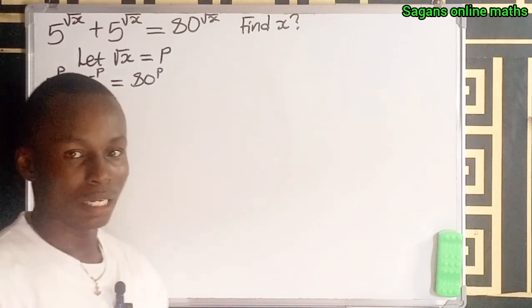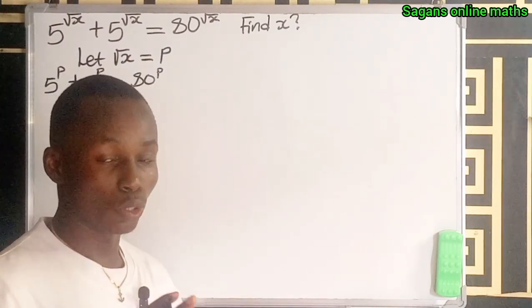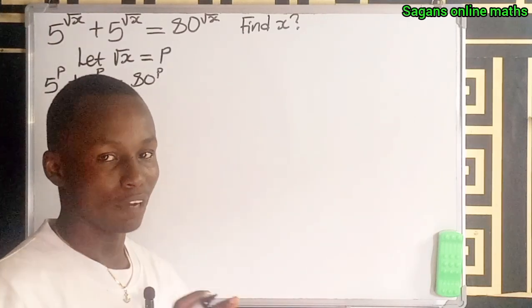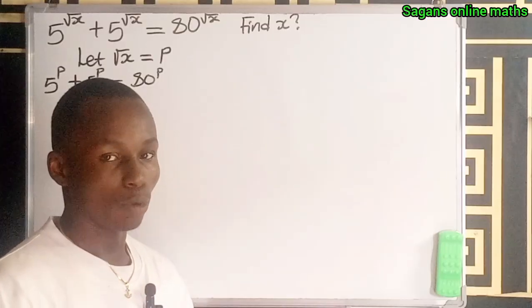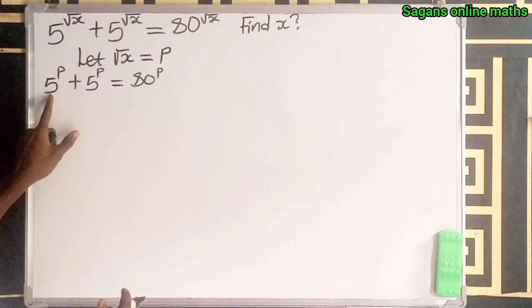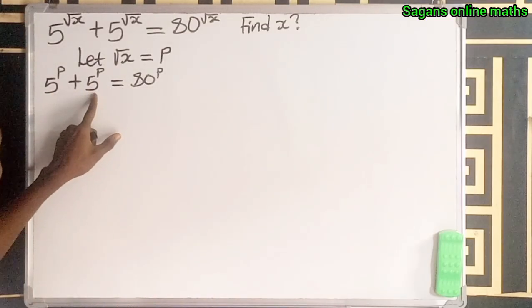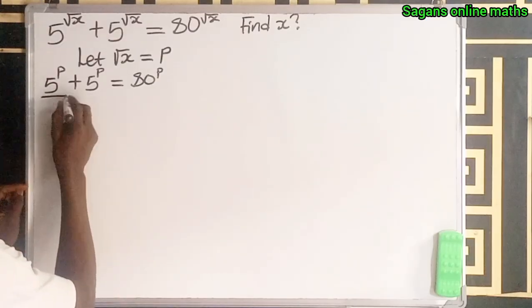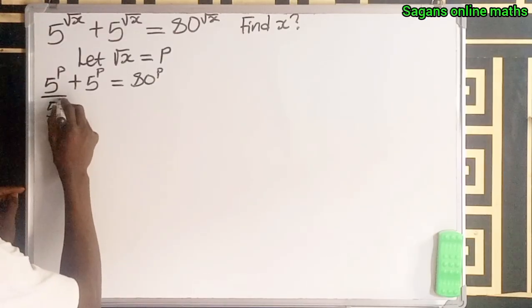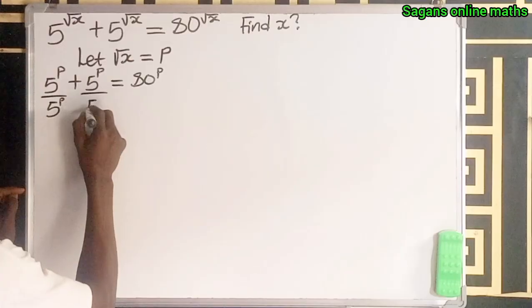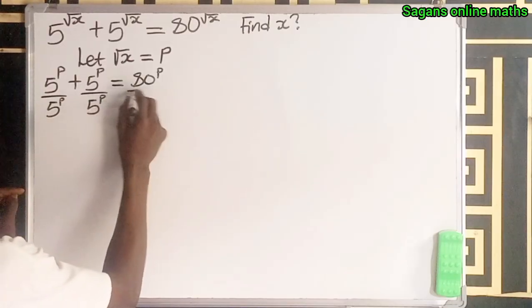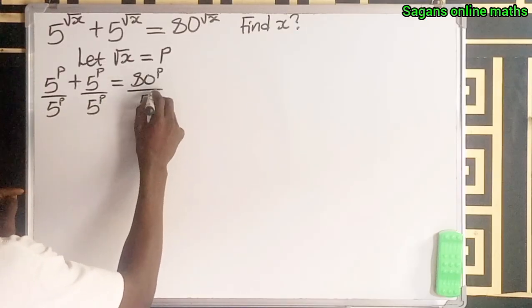That's our first step. Then our second step is to divide through by 5 to the power of p, because we have 5 to the power of p here and also here. So we divide here by 5 to the power of p, and also here, and also here.